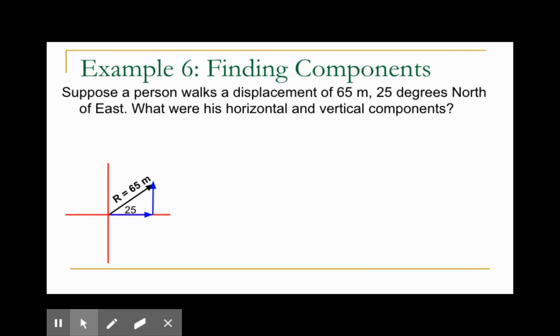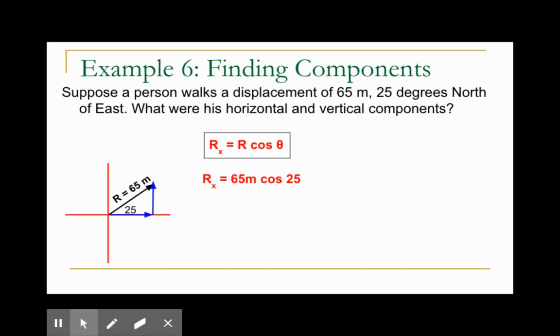Okay, so to find the x component, we're going to take the vector, 65, and multiply by the cosine of 25. Your calculator must be in degree mode because theta is measured in degrees.